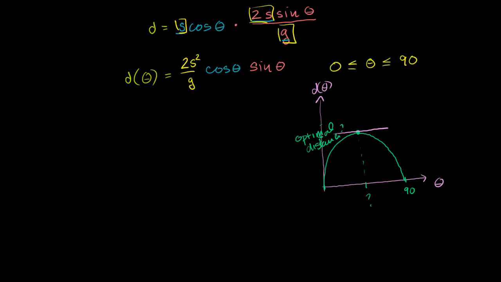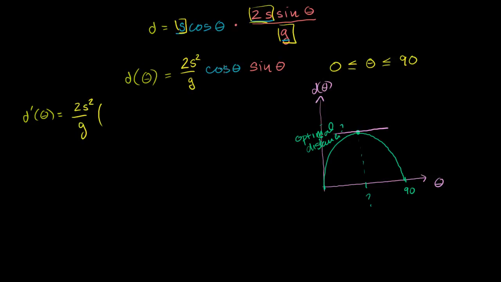So let's take the derivative. We'll just use our derivative rules here. The derivative of the distance with respect to theta, we'll call it d prime, is equal to, we're assuming that s and g are constants, so we don't have to worry about them right now. We could just put them out front. And then we could do the product rule to take the derivative of this part with respect to theta. In the product rule, we take the derivative of the first function times the second function.